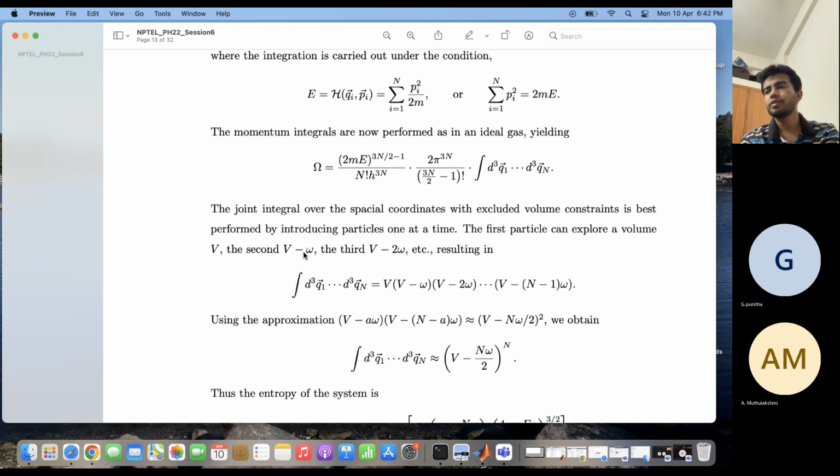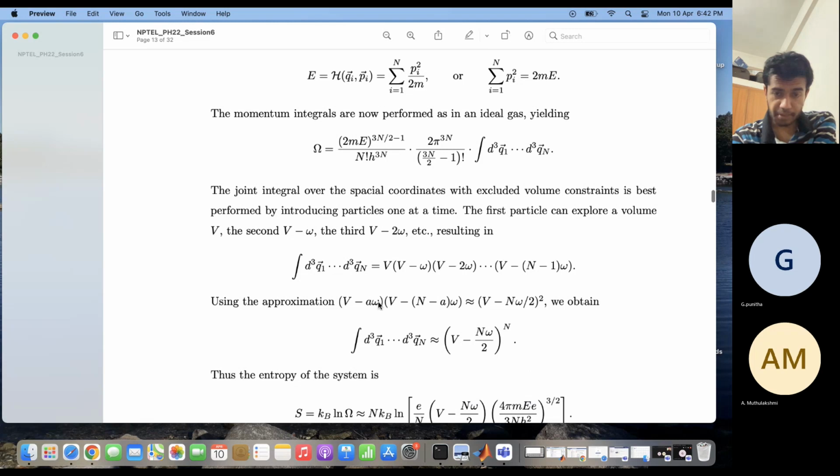Similarly, the volume available to the third particle will be the total volume minus the volume of the first particle minus the volume of the second particle, so V minus 2 omega, and so on. Therefore, this volume integral ends up becoming V into (V minus omega) into (V minus 2 omega) and so on, up to (V minus (N minus 1) omega).